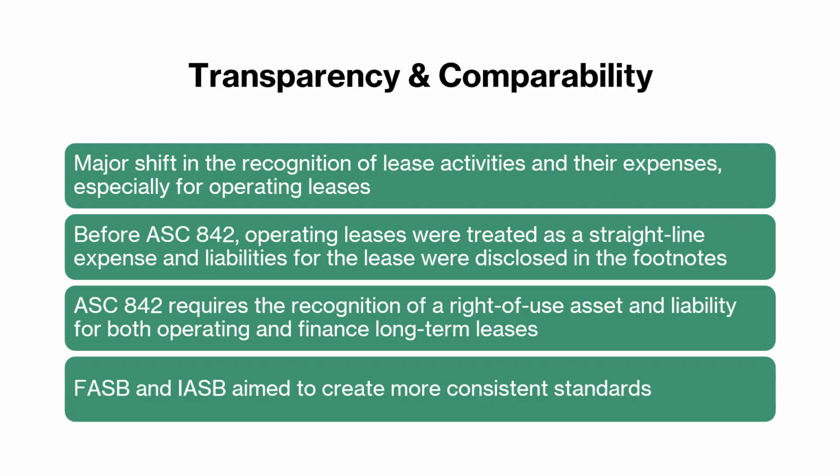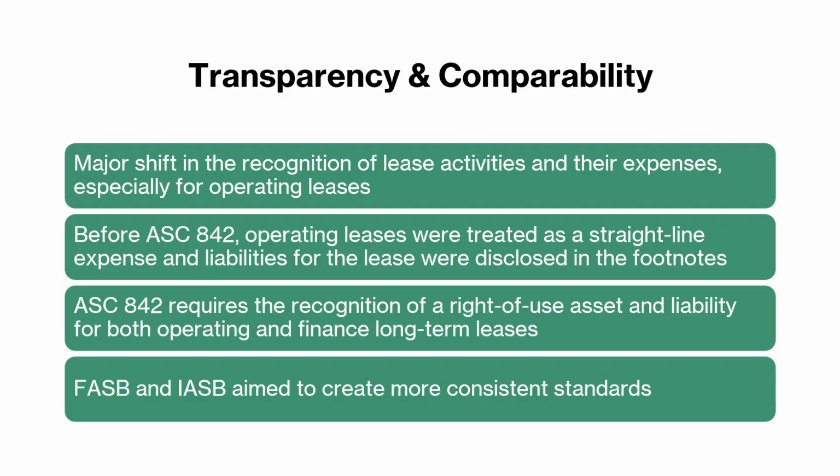It was a major shift in the recognition of leasing activity, most specifically operating leases. Prior to ASC 842, operating leases were treated on a straight line expense, and the liability for the lease and the details of the asset were disclosed in the footnotes.